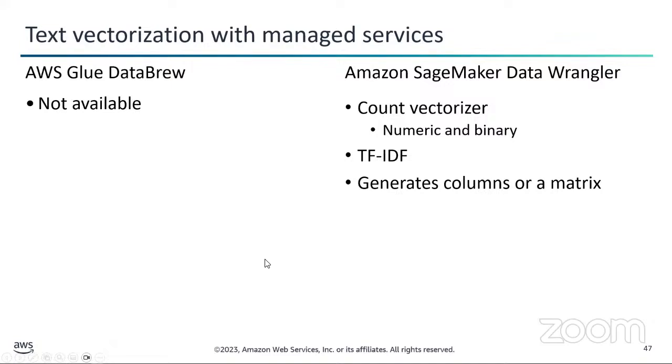You don't even know what hardware is being used, and you don't care about it. You just care about your business problem. So these managed services are usually platform as a service, meaning they are managed automatically depending upon what service you take. AWS Glue does not give you text vectorization, but SageMaker Data Wrangler does. It has a count vectorizer, numerical and binary, and TF-IDF, and then generates columns or a matrix.